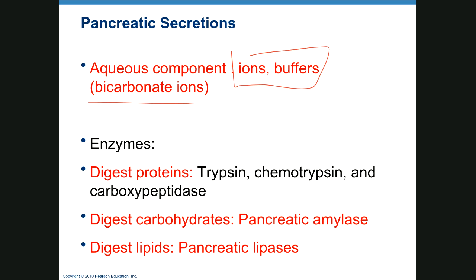It also has digestive enzymes that digest proteins: trypsin, chymotrypsin, and carboxypeptidase. It has enzymes that digest carbohydrates, like pancreatic amylases, and enzymes that digest lipids, pancreatic lipases.